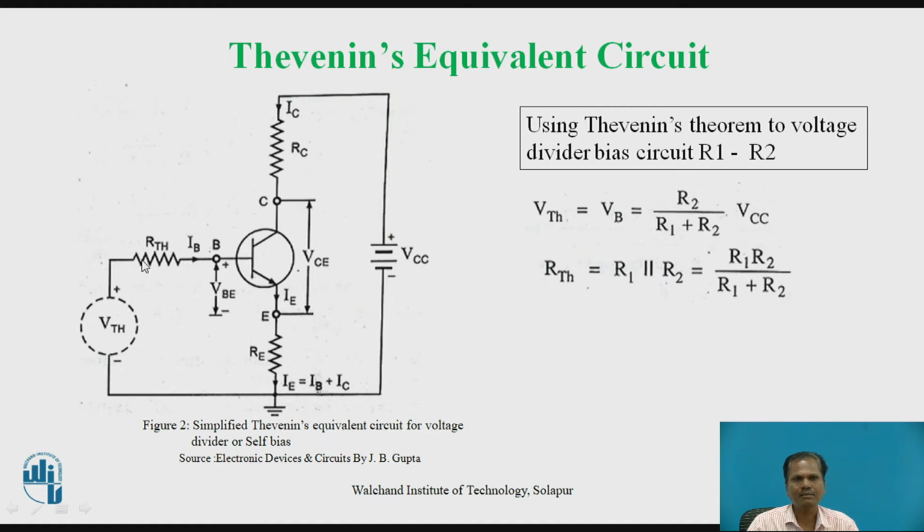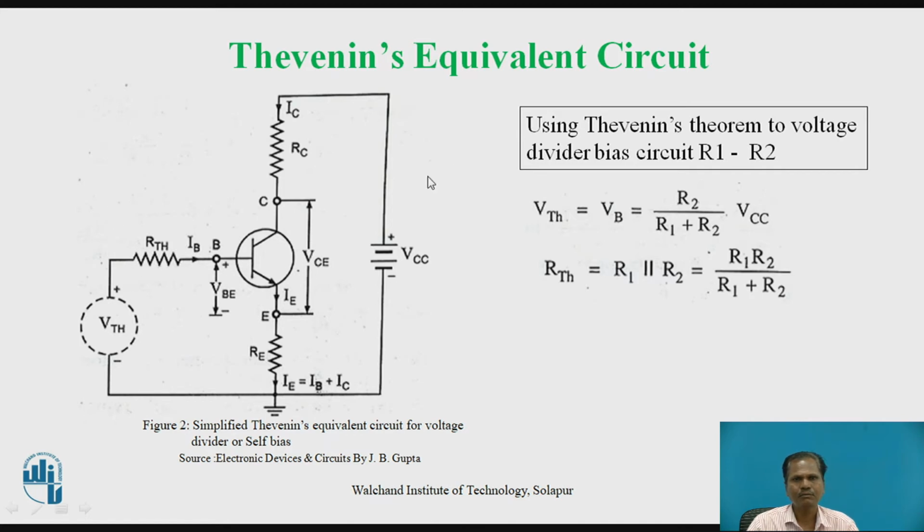And RTH is Thevenin's equivalent resistance. It is the parallel equivalent resistance of the voltage divider biasing circuit R1 and R2. It is the equivalent resistance seen from the base of the transistor looking into the voltage divider R1 R2.